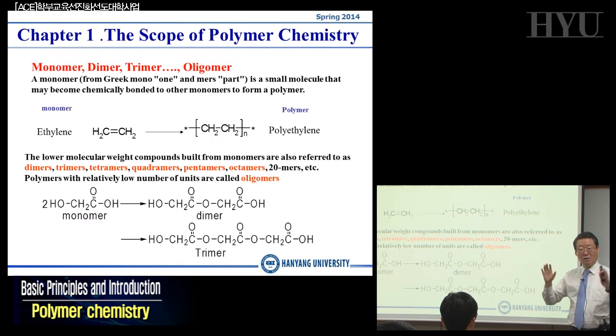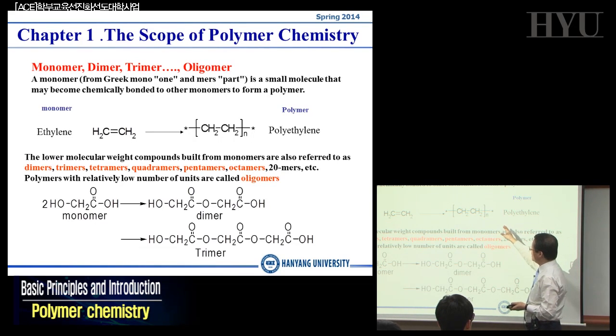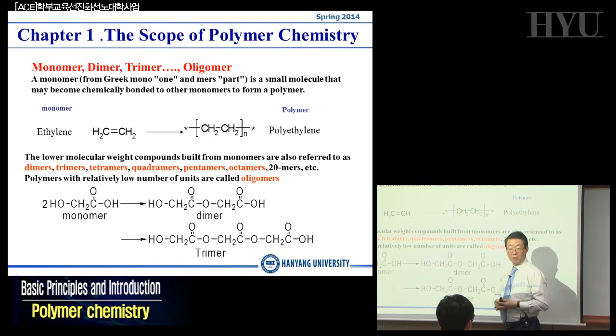So it's a kind of number over about 50,000 or 100,000, sometimes 200,000. That level is the basic molecular weight of the polymer.